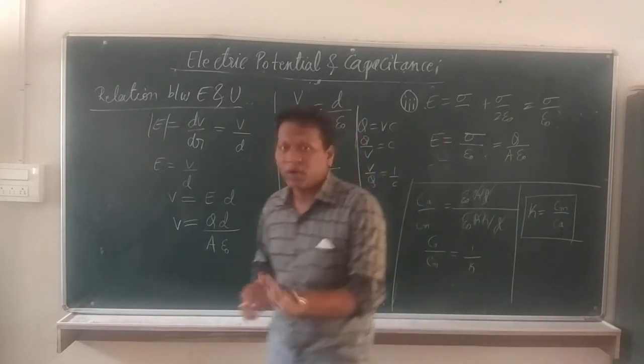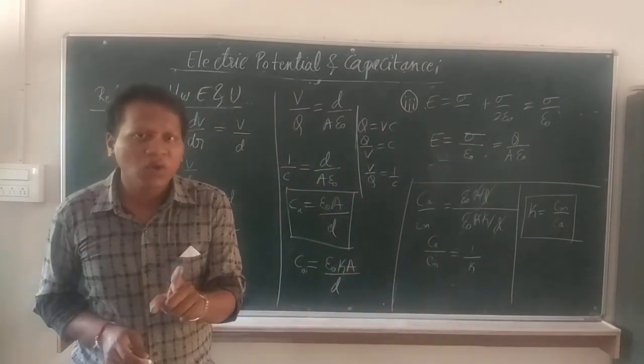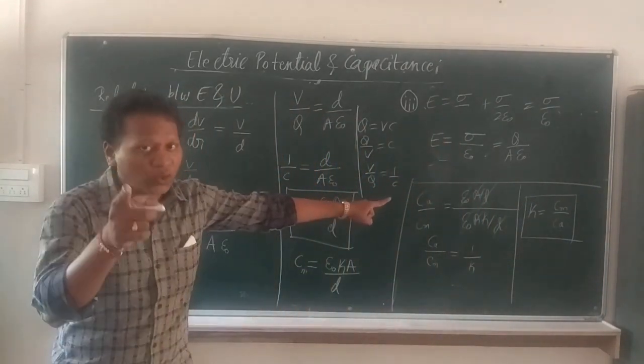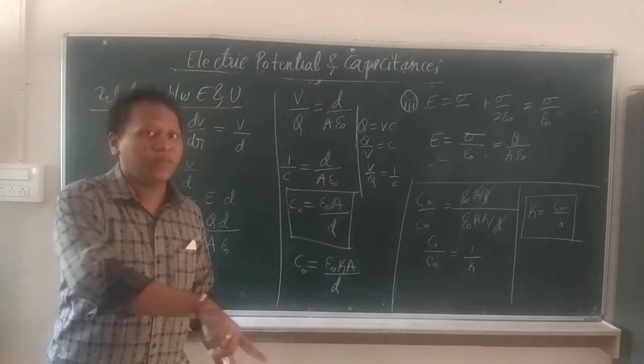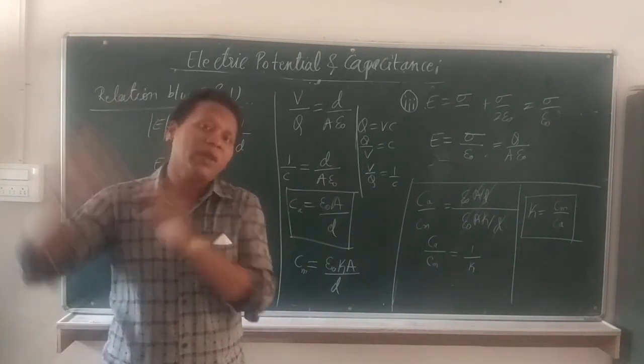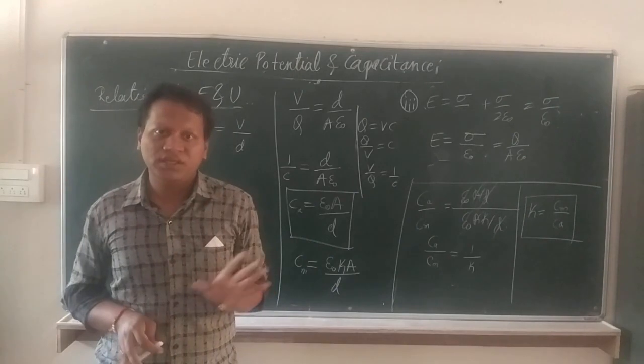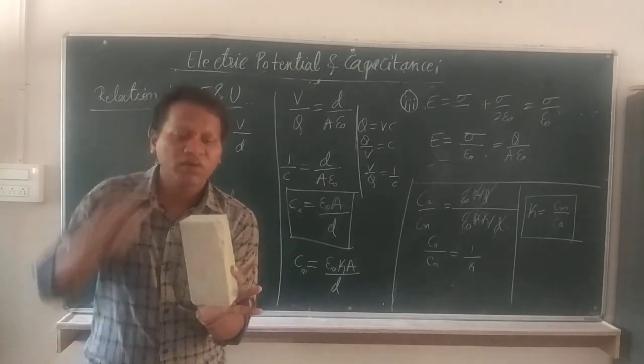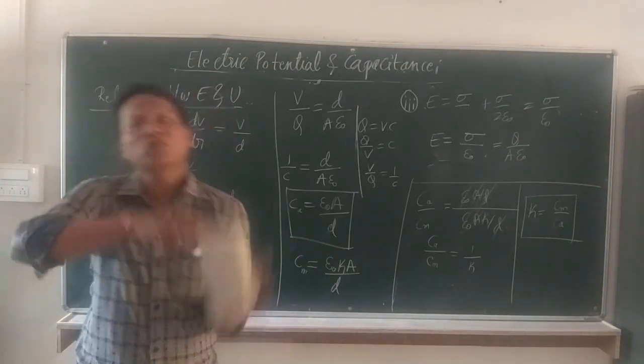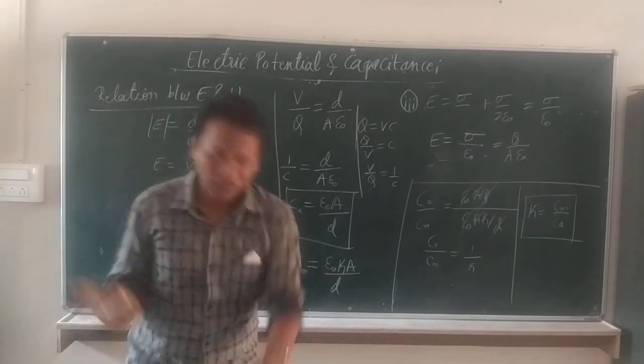Quite simple. Whatever capacitor you have taken for the medium, you should take once again in the air medium. You should not replace it with any other capacitor. The same capacitor has to be taken for the air medium.